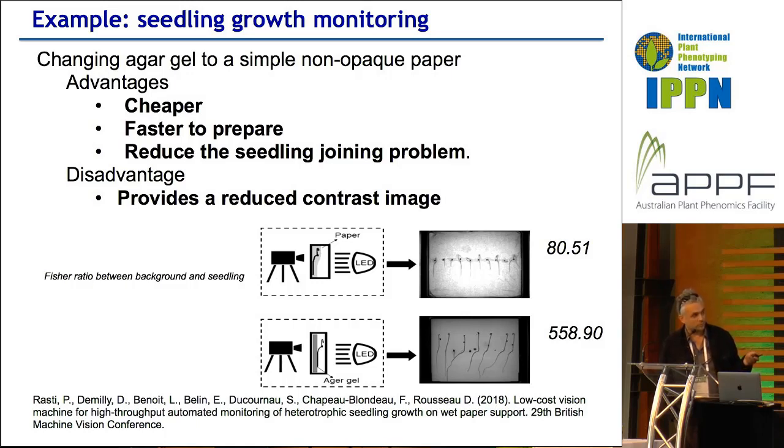And we just tested using paper, not paper on which you put your seedlings, but a paper which sticks the seedlings onto the Petri dish, and that not only makes something cheaper in terms of preparation and cost, but also reduces the seedling jumping problem, which is well known when using the agar gel solution. A disadvantage is that it produces reduced contrast, but actually we designed an algorithm that takes care of this and was presented at this conference.